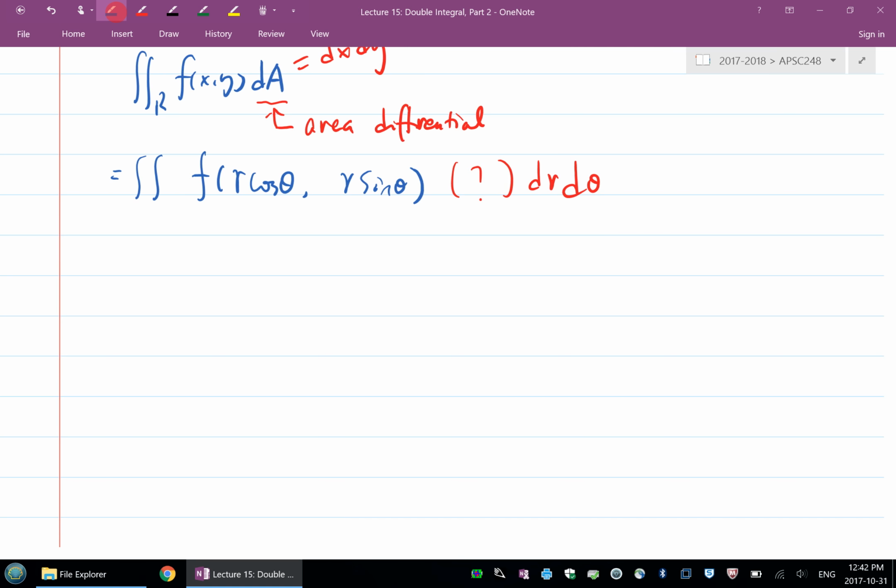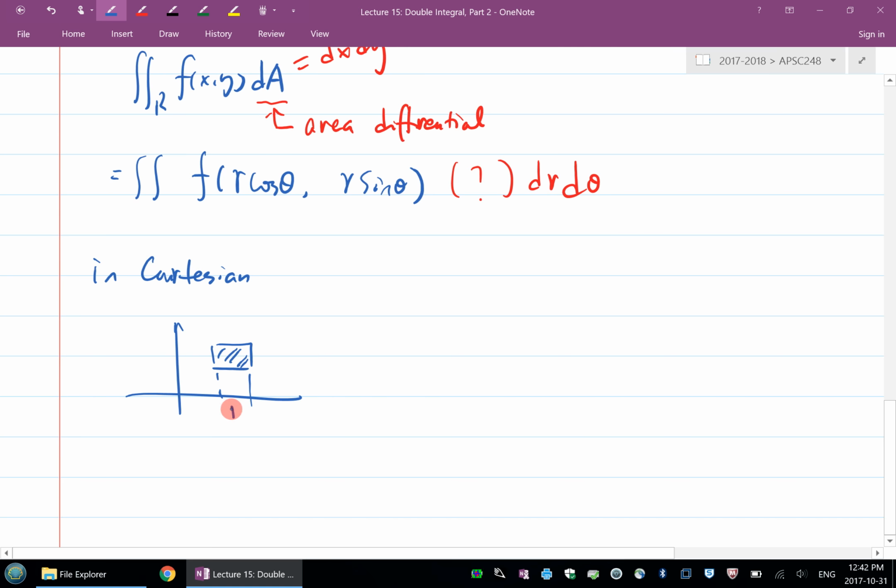So you see, in Cartesian, here is how you would approximate a small area. This is dx, and this is dy, right? So this dA equals dx dy. That's how you approximate the area in Cartesian.